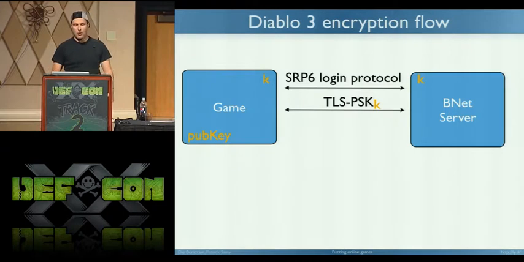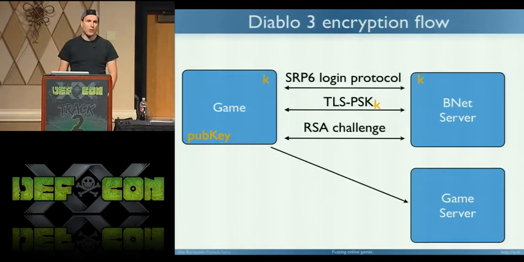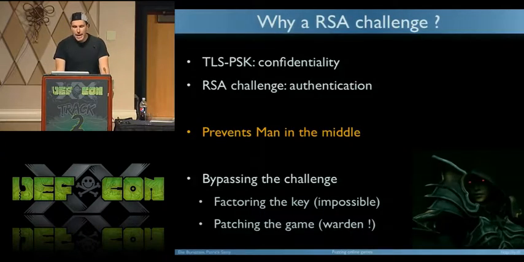And when this is done, you have the RSA challenge. I'm going to explain a little bit what the RSA challenge is. And then after that, you connect to a second server, which is what we call the game server, where the actual game occurs. When you click play, you are actually moving to another server. And no, Blizzard does not put the key into the command line. Not this time.